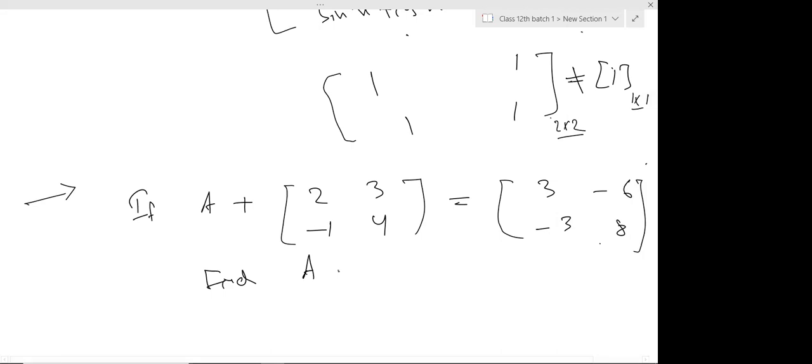Try to solve this one. I did not understand this question.